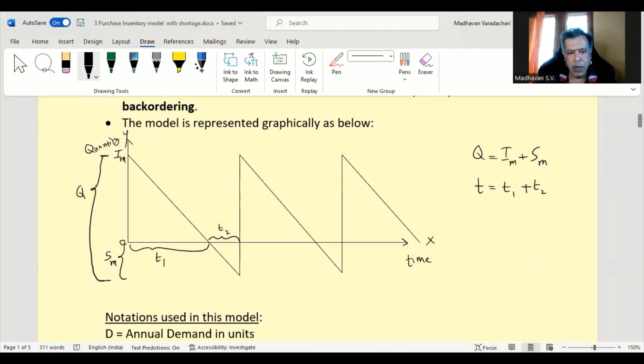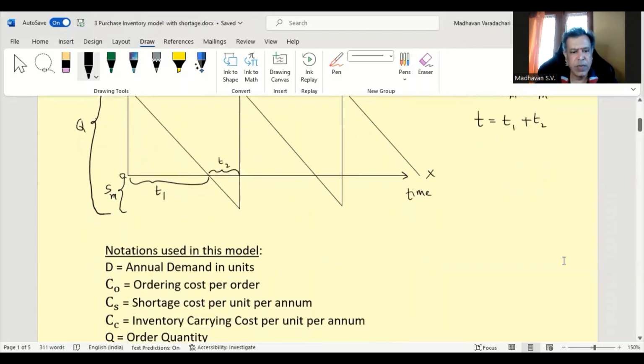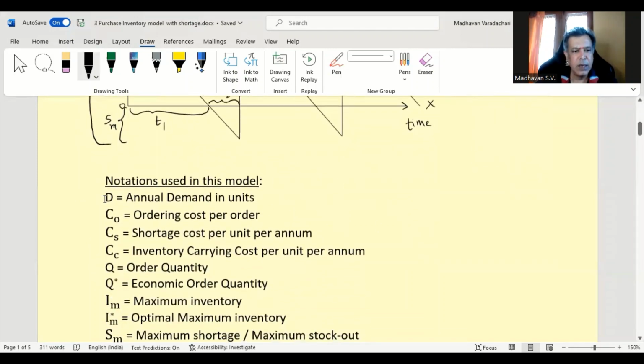So this is the model, and some of the notations which we are going to use are: D is the annual demand in units, CO is the ordering cost per order, CS is the shortage cost per unit per annum, CC is the inventory carrying cost per unit per annum, Q is the ordered quantity, and Q star is the optimal order quantity or economic order quantity. I suffix m is the maximum inventory, and I suffix m star is the optimal maximum inventory.